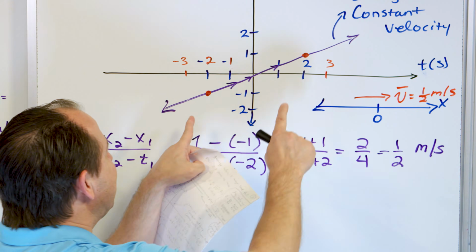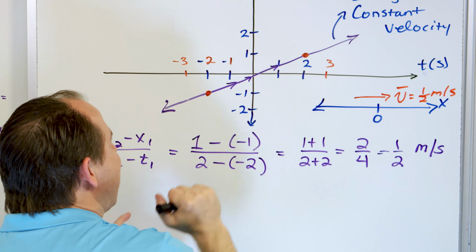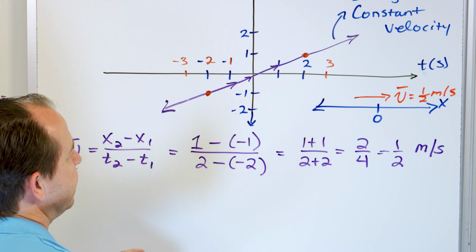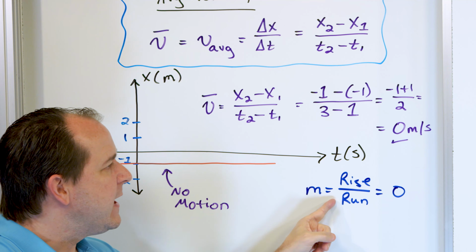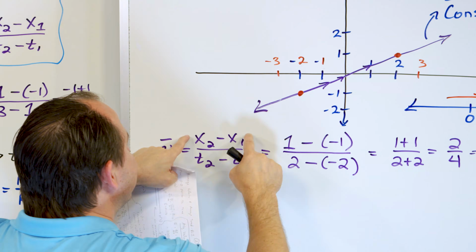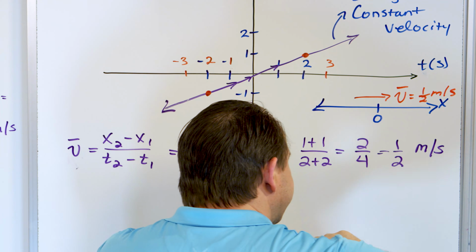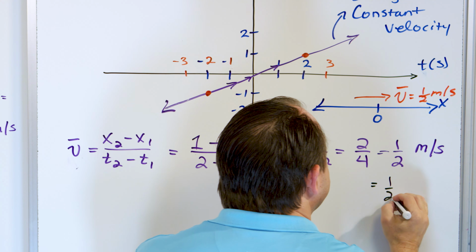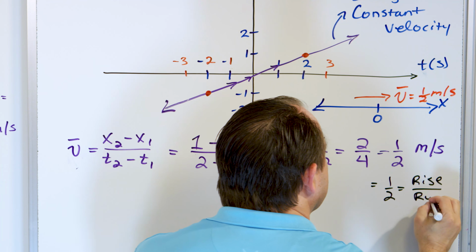Now we've established that between these 2 points, the average velocity is 1/2 meter per second. Let's see if it makes sense. Because we just said that the slope of anything is the rise over the run. What we are calculating is how far we're going up, the rise, over the run. So this 1/2 should be a rise of 1 and a run of 2.